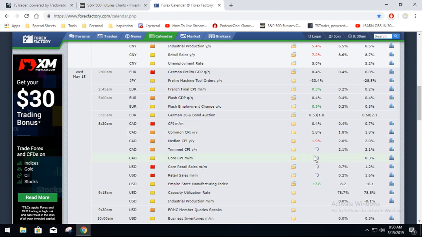So this is Forex Factory. You got retail sales looking under expectation.